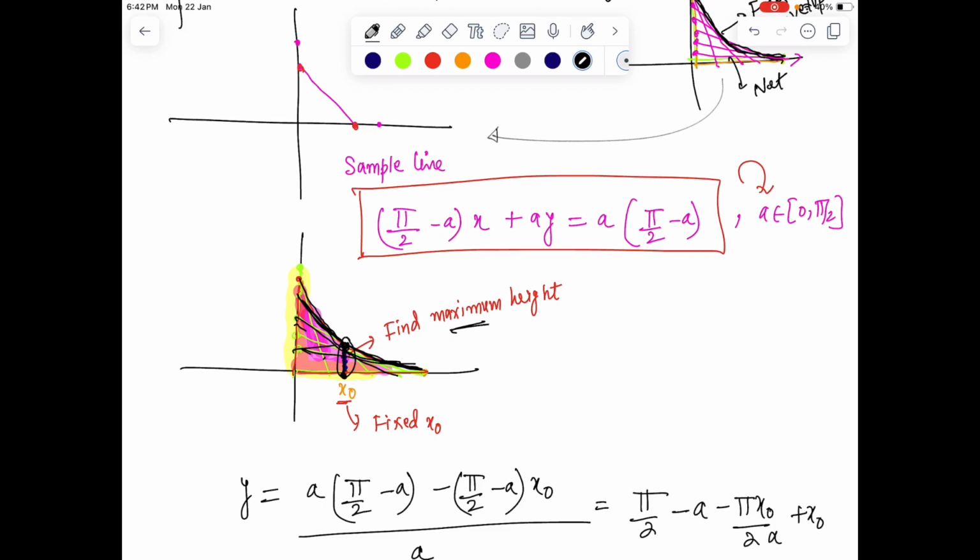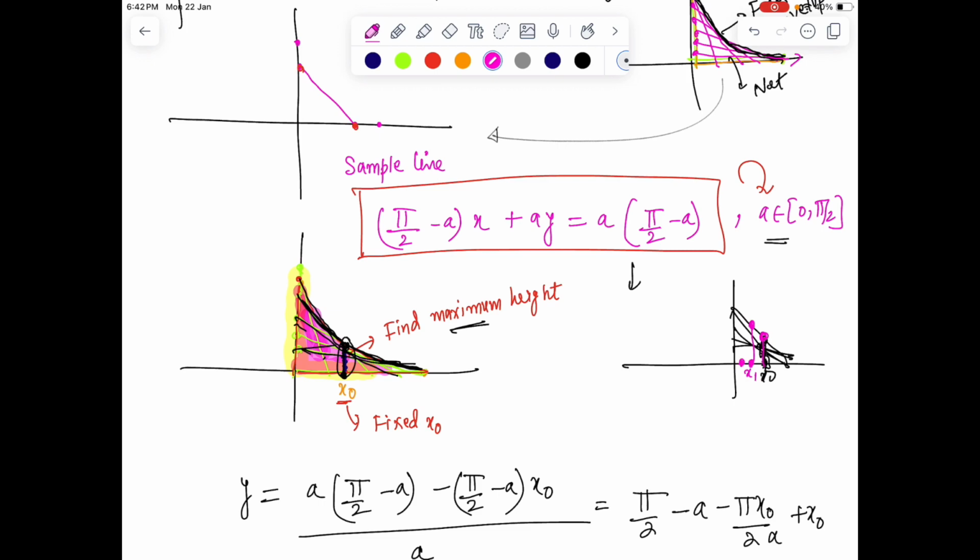Since we have a family of lines, in this family if I put x equals x0, depending upon a values we'll have many lines, hence many y values. Out of all those y values, depending upon the values of a, which is the parameter, we want to maximize the height, because once I know the maximum height at x0, I can change the location, say to x1, and find the maximum height there.